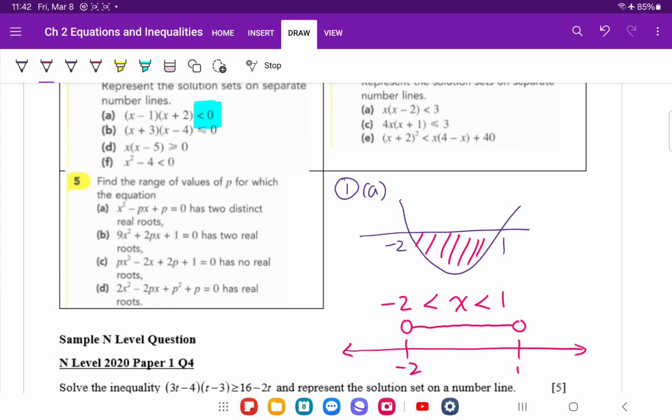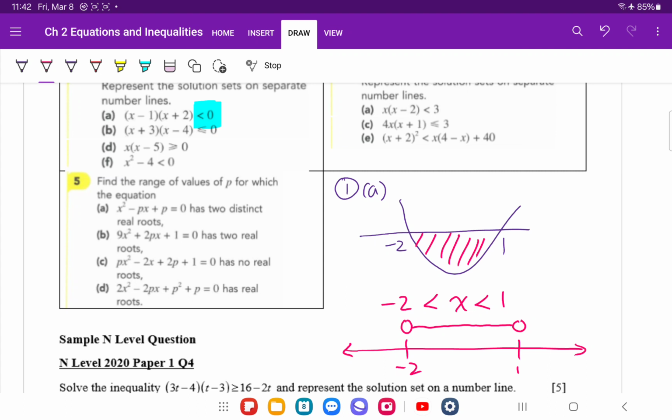Can you help me draw the number line for the less than or equal to 0, and more than or equal to 0? Where? The number line. It depends. Like for this one, it's like that. Which way does the arrow point? Between -2 and 1, so it's in between. It doesn't point anywhere.